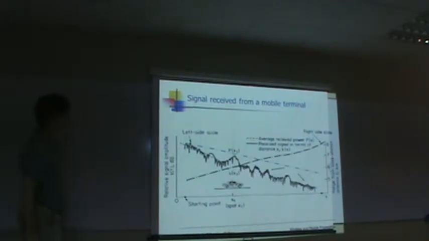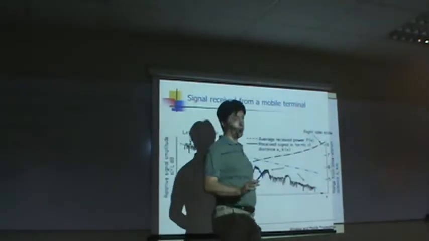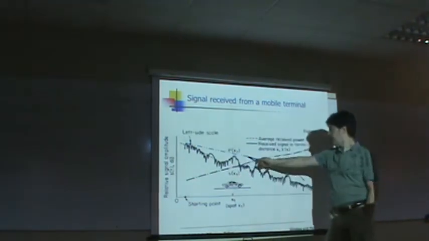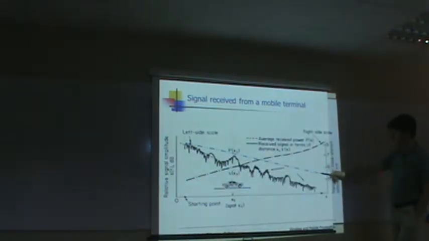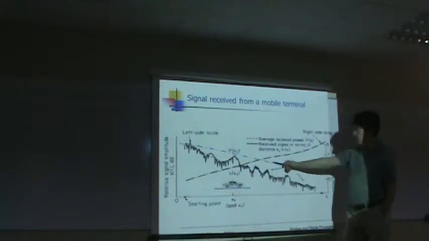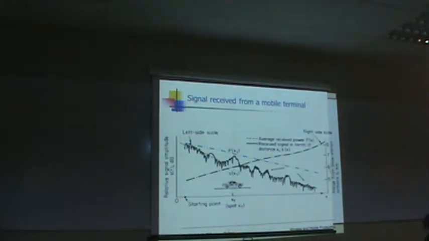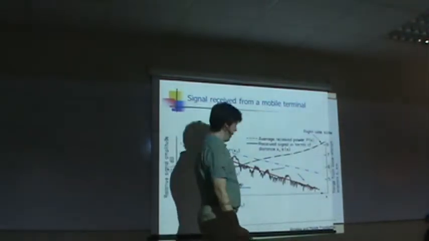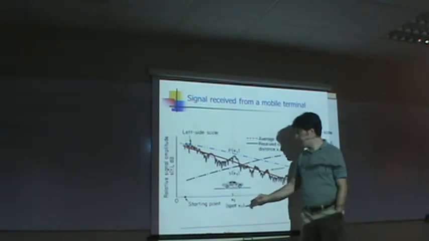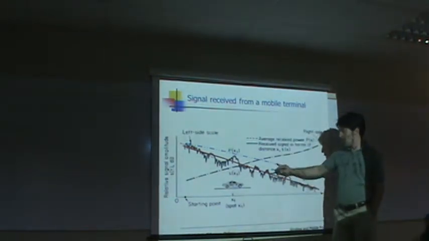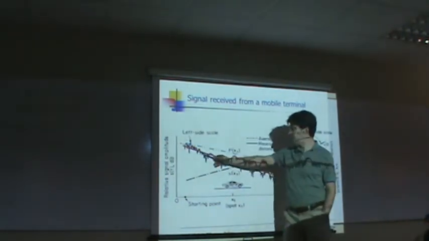Now, if you were on flat Earth, you would receive something like that. If you actually work out a prediction taking into account the environment, your models predict something like that.